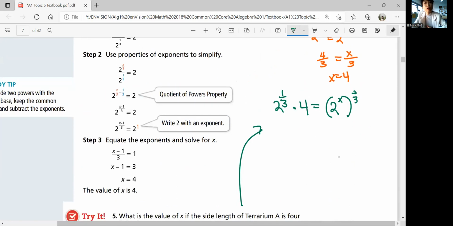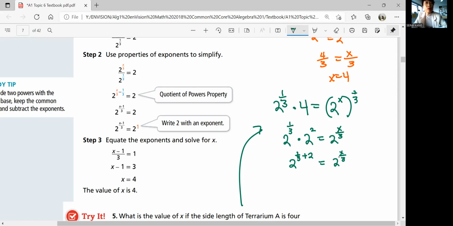And so you can write 4 as a base of 2, since our goal is to match all the bases, right? So 2 to the 1/3 times 2 squared is equal to 2 to the power of x/3. Yeah? And since the bases are the same, product of powers, you can add the powers and say 2 to the power of 1/3 plus 2 is equal to 2 to the power of x/3.